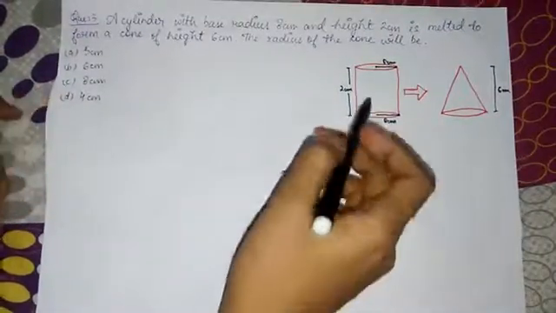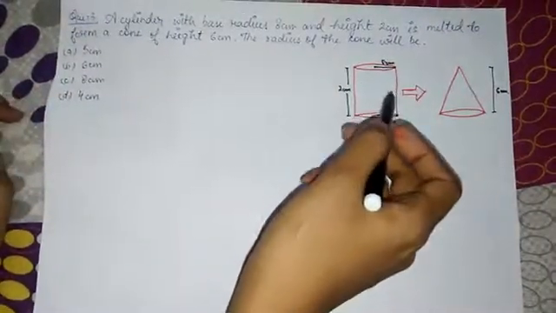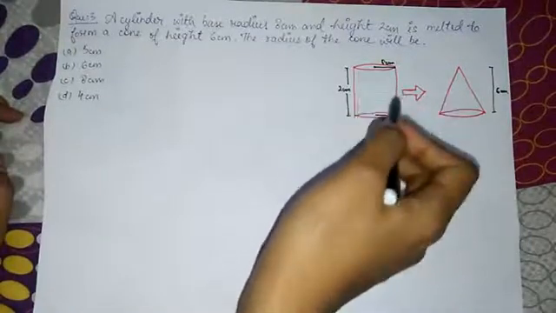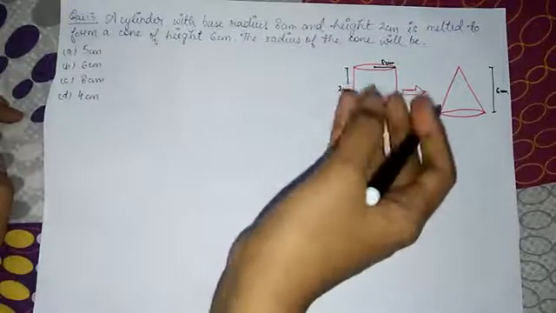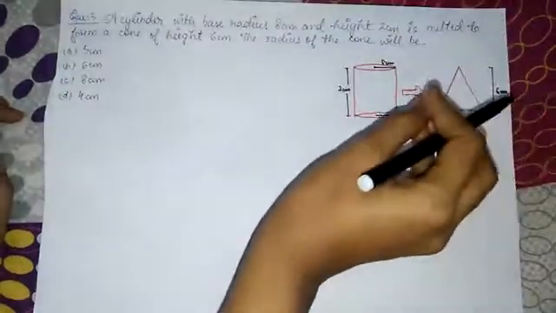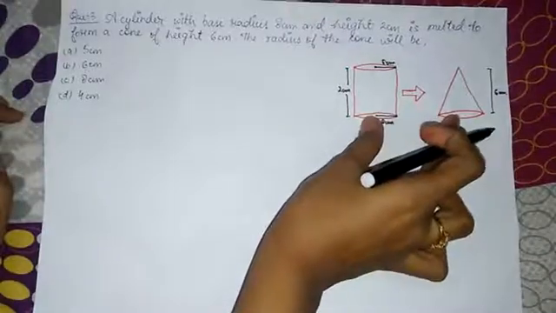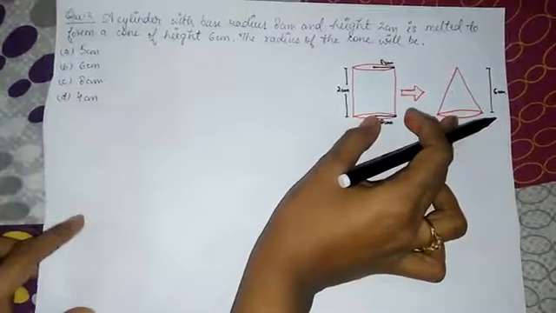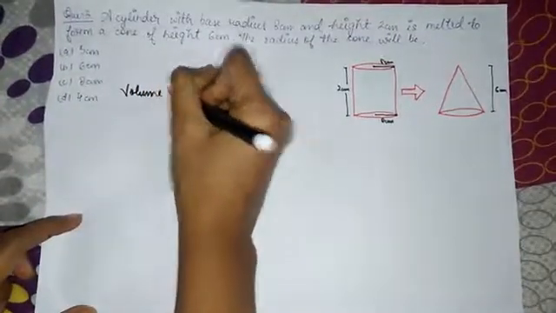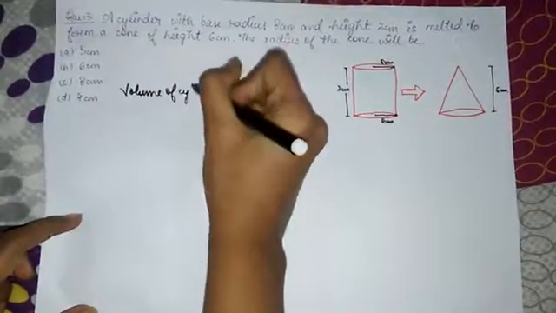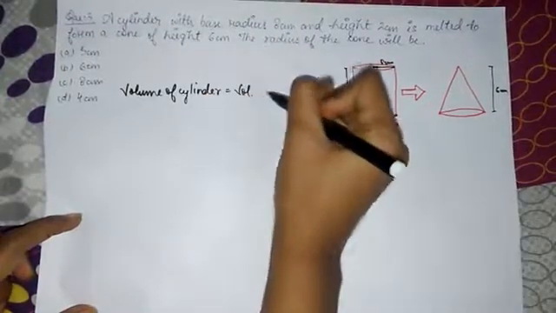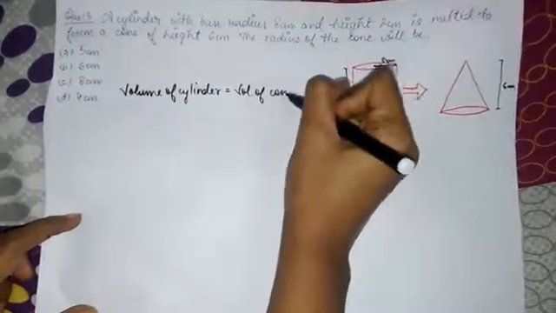Because we have melted the cylinder and formed the cone, the whole volume of the cylinder we have put in the cone, so the volume of these two figures will be equal, right? Let us start. Volume of cylinder will be equal to volume of cone.